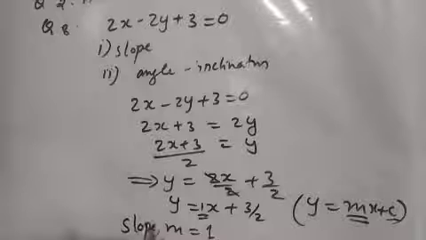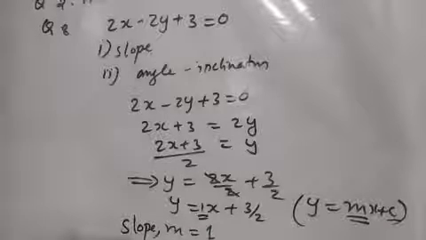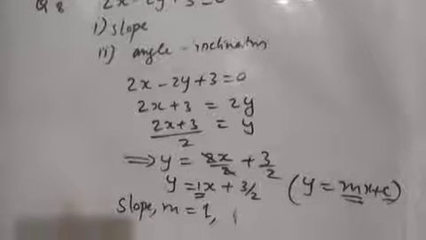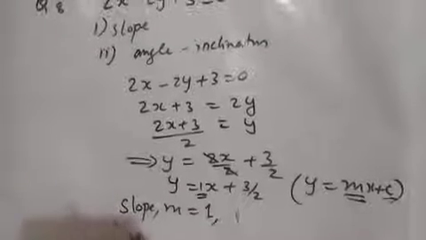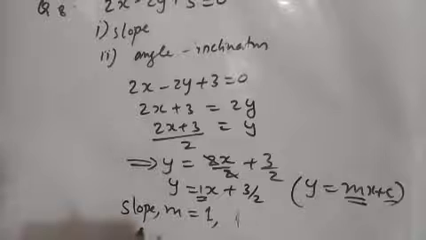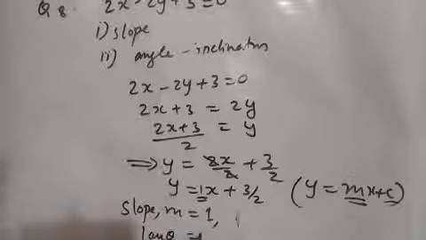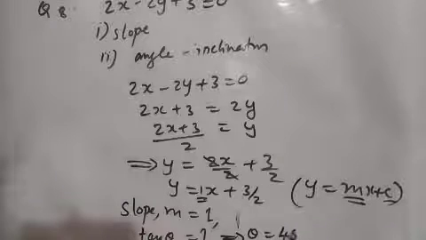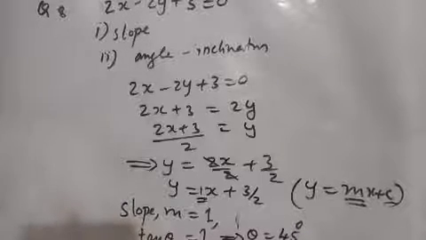If slope is 1, what is the meaning of that? Tan theta is equal to 1. For what value of theta we get tan theta 1? Tan theta is equal to 1, which implies theta is equal to, yes, tan 45 degree is 1.